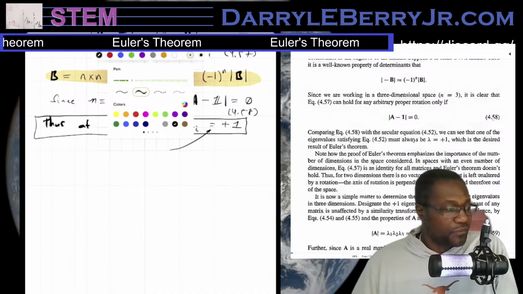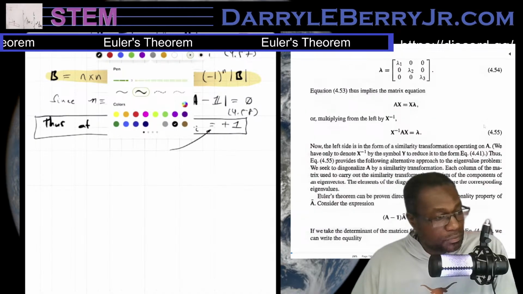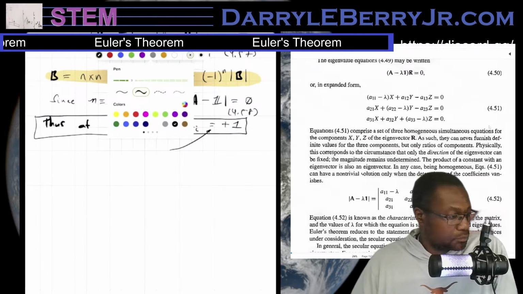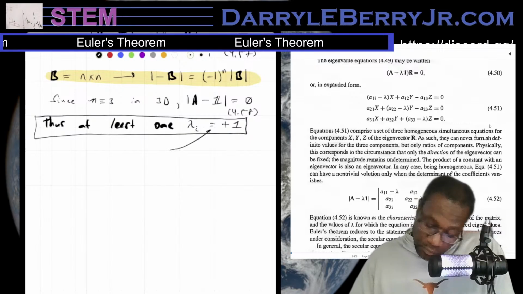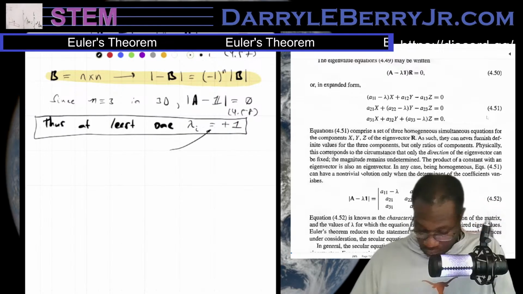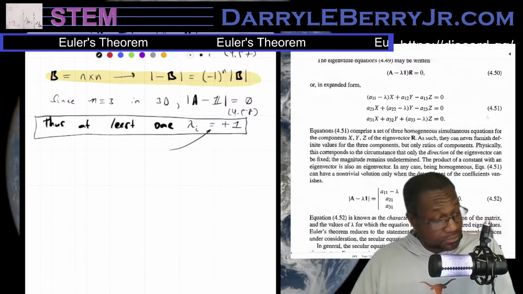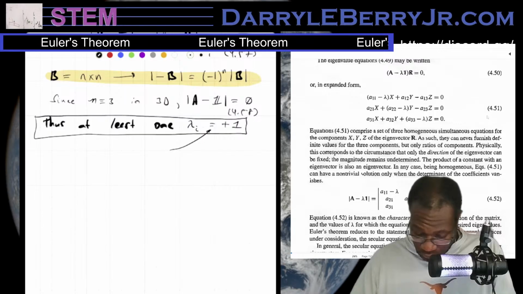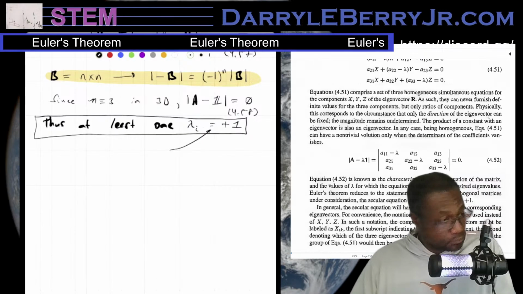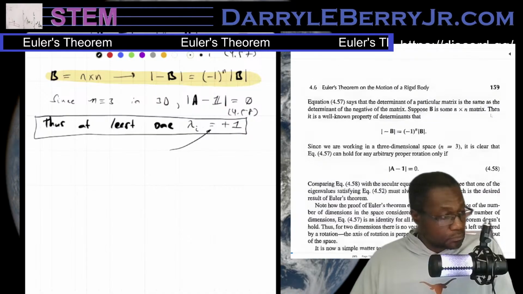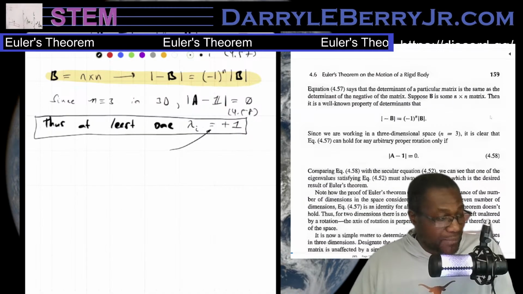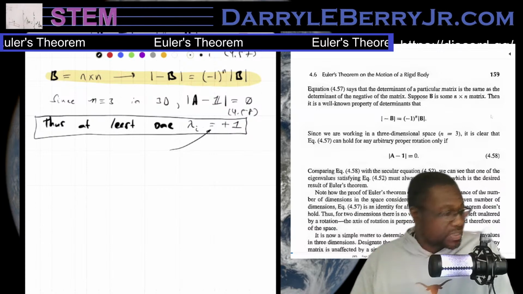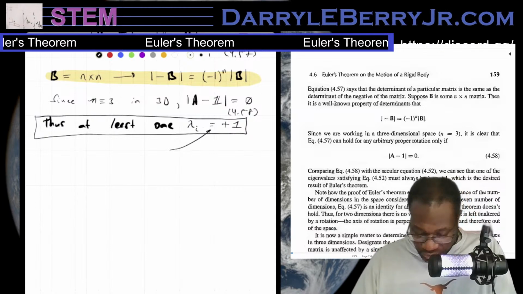So comparing equation 4.58 with the secular equation 4.52, the same thing, except there's no lambda. You see that one of the eigenvalues satisfying equation 4.52 must always be lambda equals 1, which is the desired result of Euler's theorem.